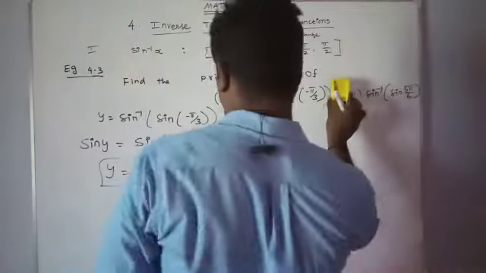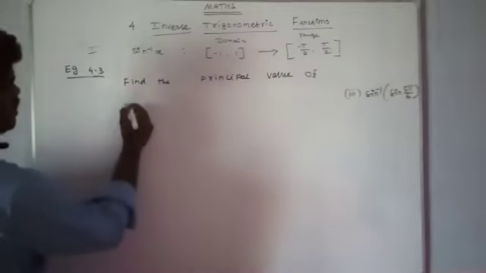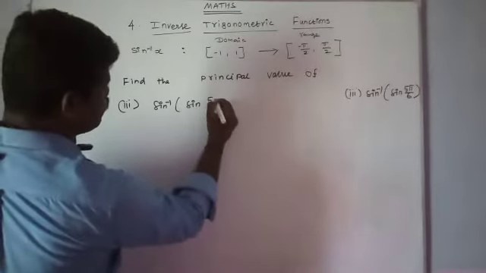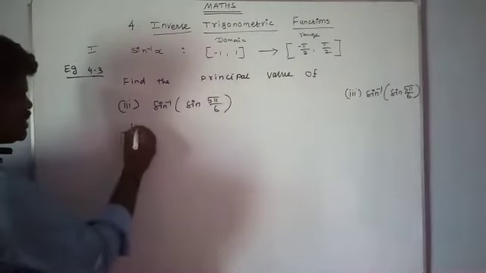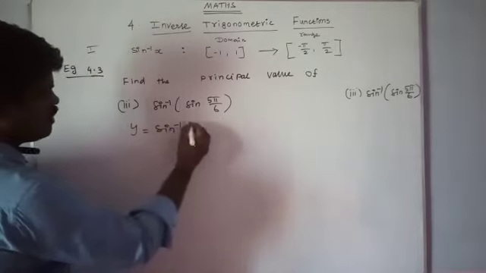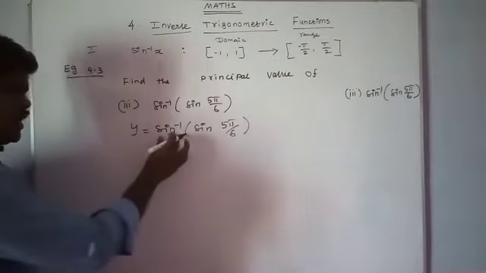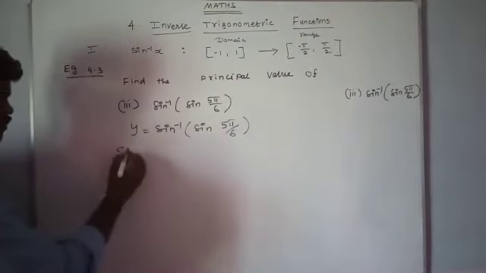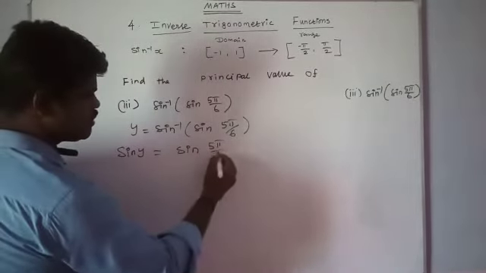And we want to find another one. Third one, the third Roman letter: sin inverse of sin of 5 pi by 6. Let us take y is equal to sin inverse of sin of 5 pi by 6, and take sin inverse to this side: sin y is equal to sin 5 pi by 6.